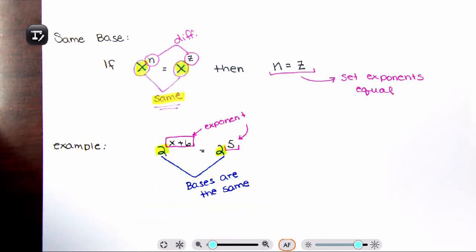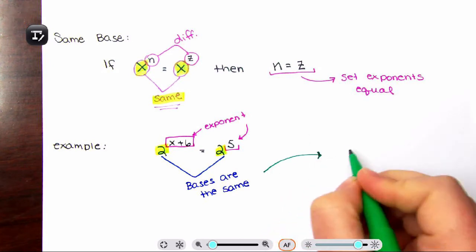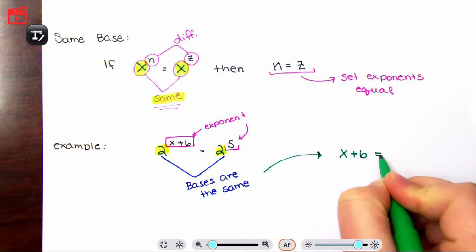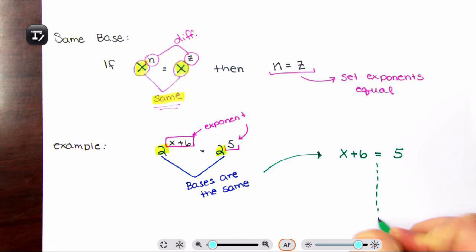So now that the bases are the same, we're going to use that one-to-one rule and say that x plus 6 is equal to 5. And now you're going to solve for your x value by doing what we did at the beginning of the school year.